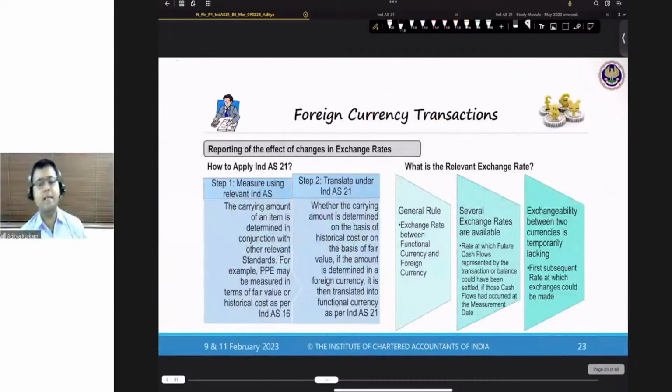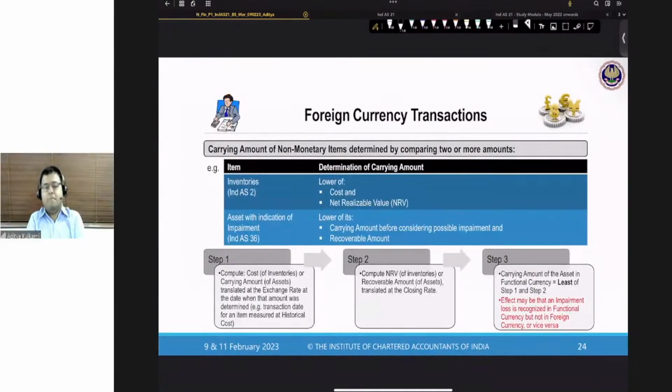See, many times what happens is in Ind AS we are finalizing the amounts by comparing two or more amounts. We are finalizing what should go in the balance sheet by comparing two or more amounts.